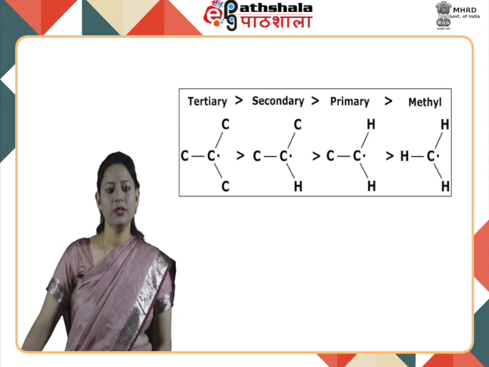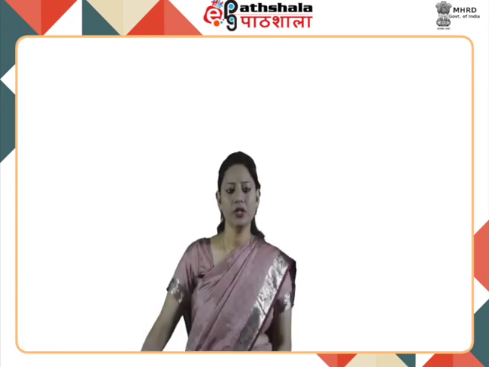So, this stability order can be explained on the basis of the electron donating plus I inductive effect of the alkyl groups attached. Another factor which decides the stability of a free radical is hyperconjugation.